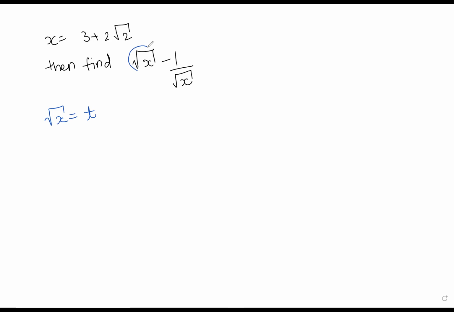That means x is equal to t square. So what we need to find is t minus 1 by t.